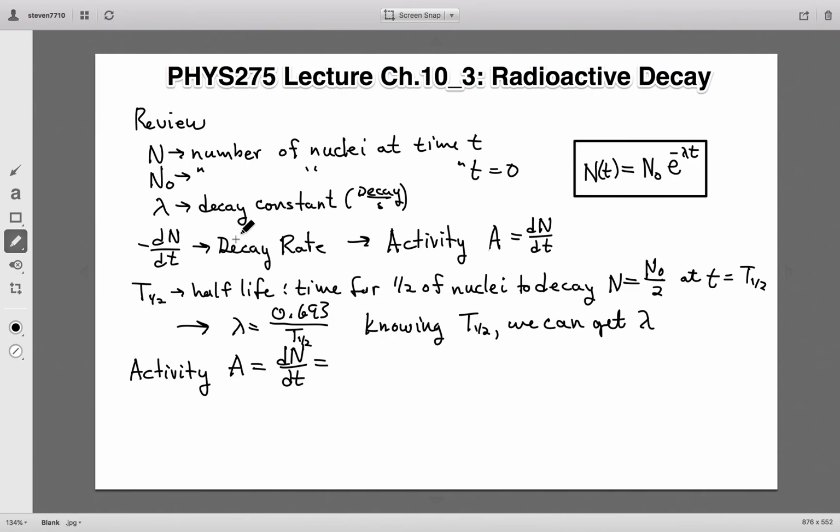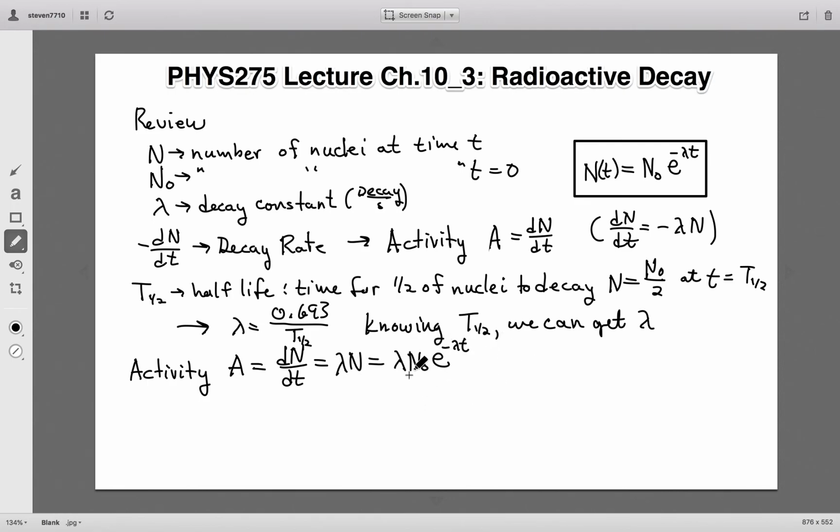From our initial situation we said dN/dt is equal to minus lambda N, and we solved that differential equation to get N as a function of time. Taking the derivative, it's exactly what we expect: lambda N, and N is a function of time, so lambda N0 times our decaying exponential.